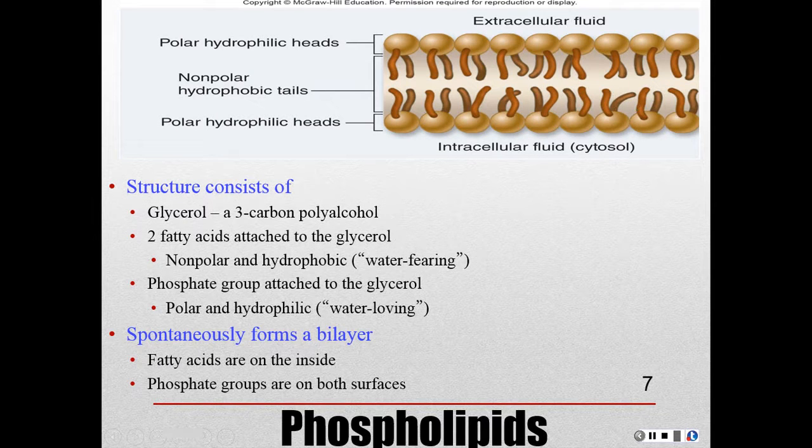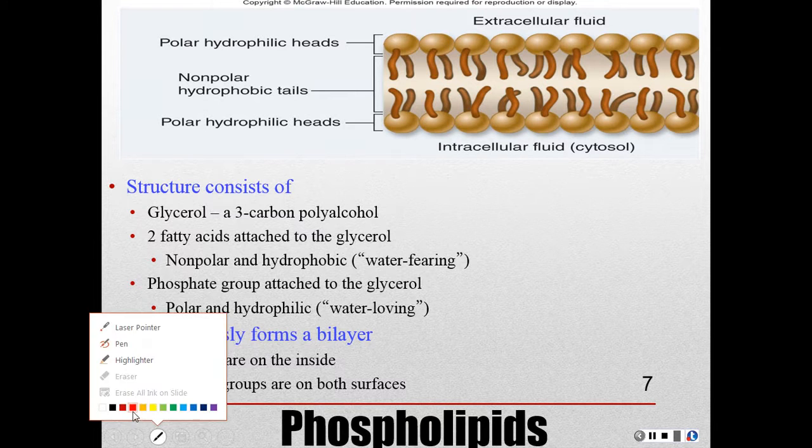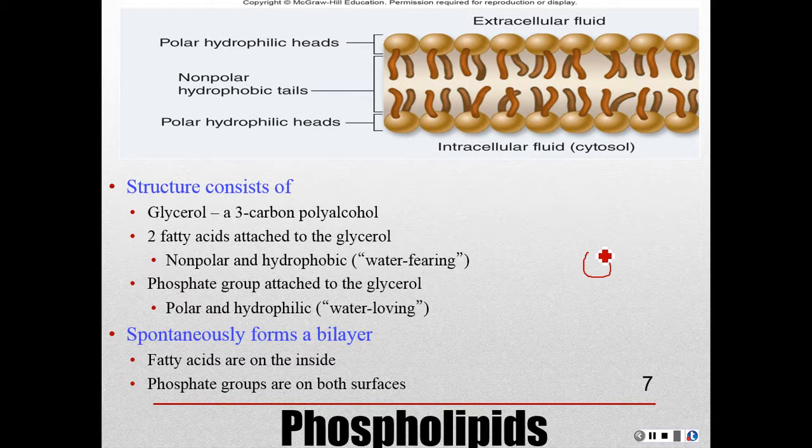What happens when we put a phospholipid molecule inside of water? Let's check out my diagram here. Water, as we know, is H2O: one oxygen and two hydrogens. These hydrogens are trying to find something to bond with. They have an affinity to bind, meaning they always want to bind with something.